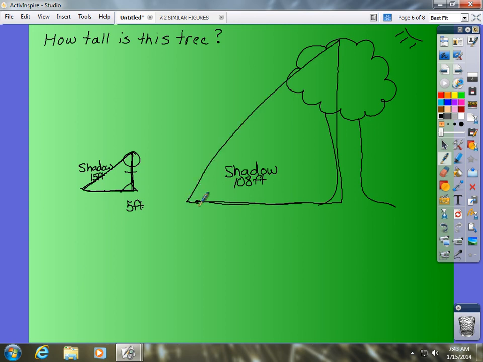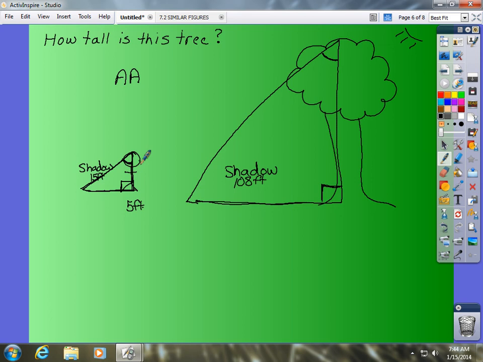Alright, this angle up here is going to be equal for both of them because the angle of the sun is going to be equal at that time. Now, we also have this angle being 90 degrees. Okay, so we have the angle postulate because we've got the angle from the sun and the 90 degrees, which is the height of the object, the height of the man and the height of the tree.